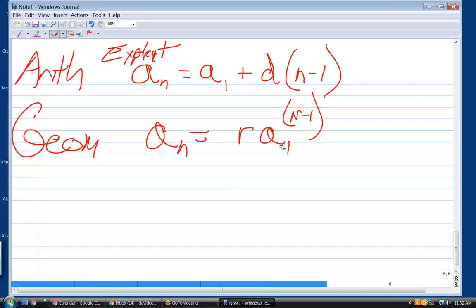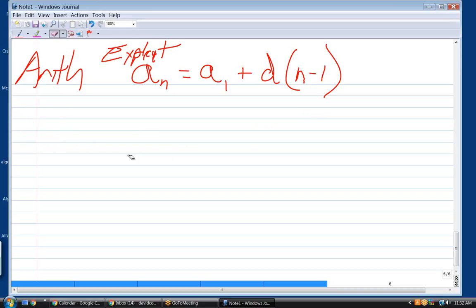I don't know. I might have to look that up. But if it's not going to be on your test, let's not confuse you with it. So arithmetic only applies to sequences that have the same difference between every number.